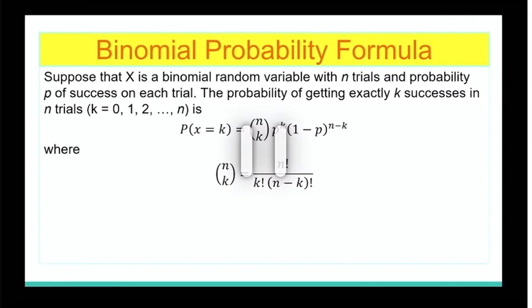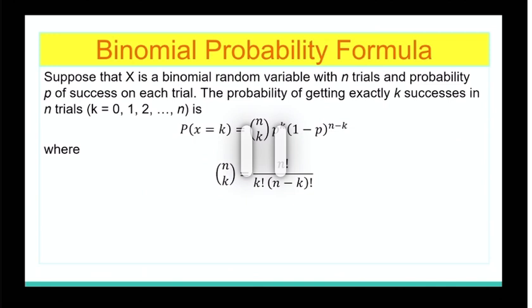The difference is that Bernoulli focuses on one trial, while binomial talks about more than one trial. I'm going to say that again: Bernoulli focuses on a single trial, while binomial talks about more than one trial, and the similarity between the two is that there are two possible outcomes involved.